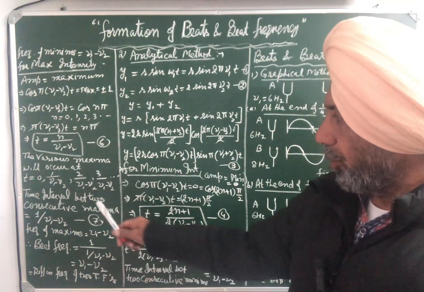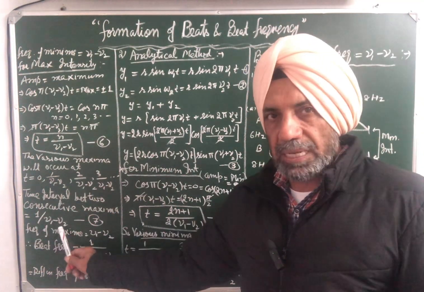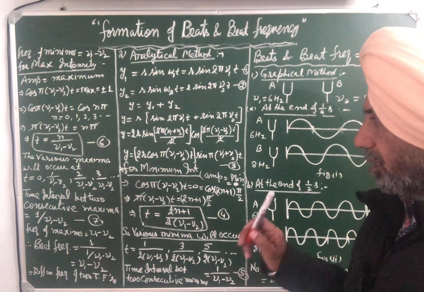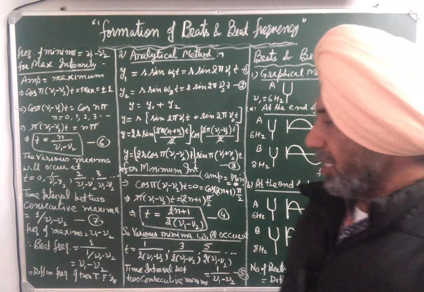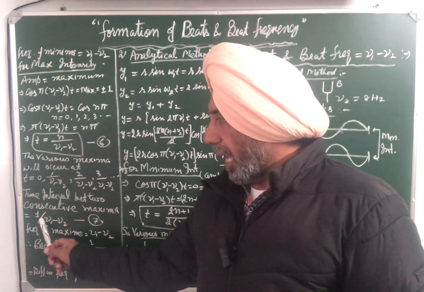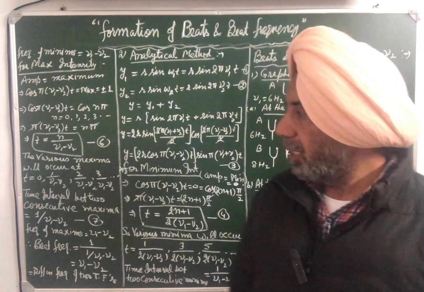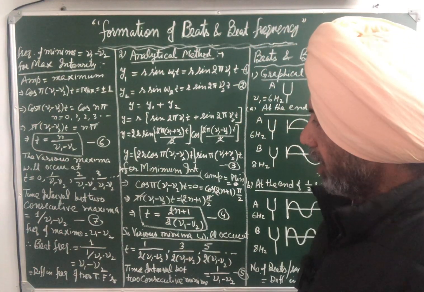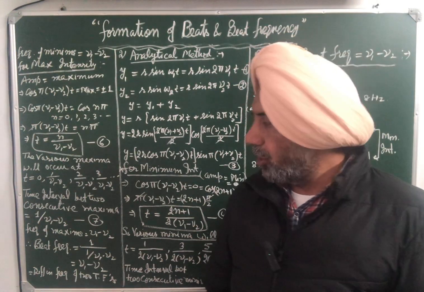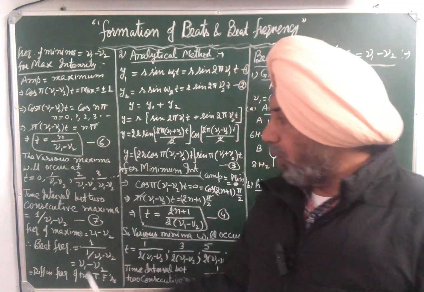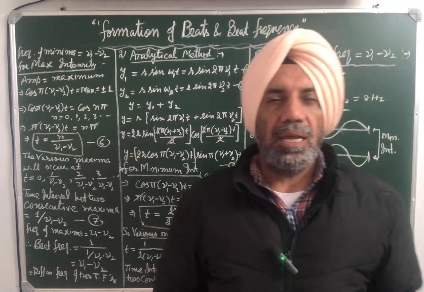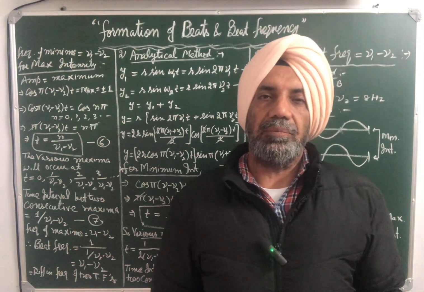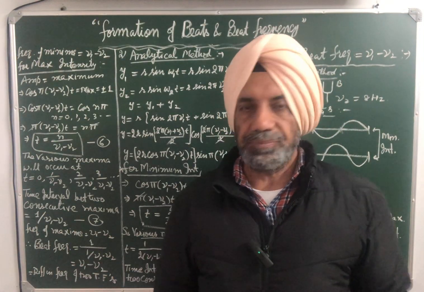So the time interval between two consecutive maxima is 1/(ν1 − ν2). Similarly, the time interval between two consecutive minima is 1/(ν1 − ν2). It means during the formation of beats, the time interval between two consecutive maxima and between two consecutive minima is equal to 1/(ν1 − ν2).